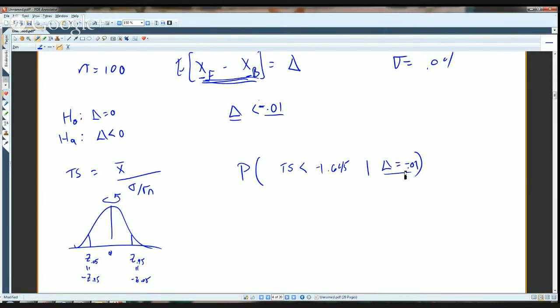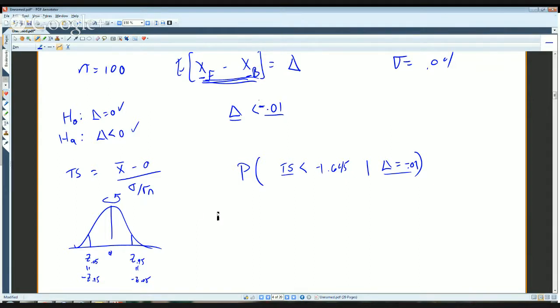Because we didn't subtract off the correct mean. We subtract off 0, which is the true mean under the null, but is not the mean under the alternative. Now, one thing you can do is re-standardize this test statistic, and that'll give you a formula. But you don't actually have to.